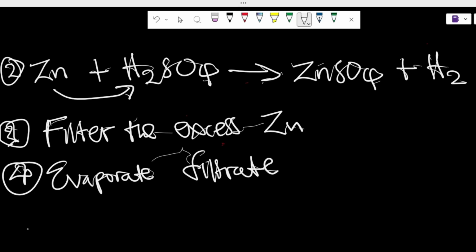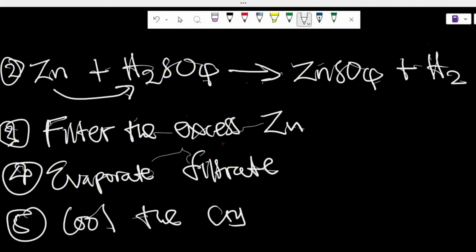And after that, you can cool the crystals. So those crystals are zinc sulfate crystals. So always add excess metal because you want to make sure that all the acid reacts, so that what remains there, the zinc particles, are going to be filtered out. So make sure you understand these principles on the preparation of soluble salts.